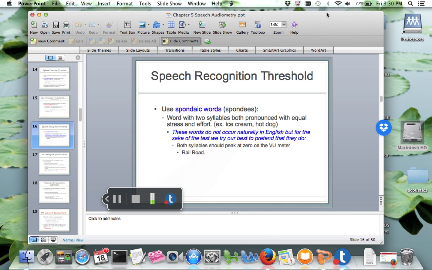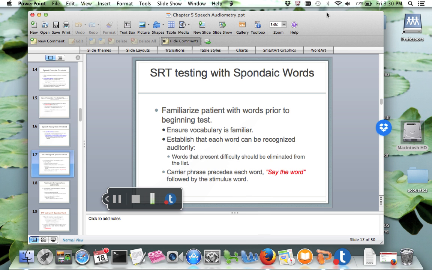So what the audiologist is going to do is say the word railroad, say the word airplane, say the word hot dog. And notice these are all words that are relatively simple, because again, we're not testing someone's vocabulary. I'm testing their ability to hear and process speech.